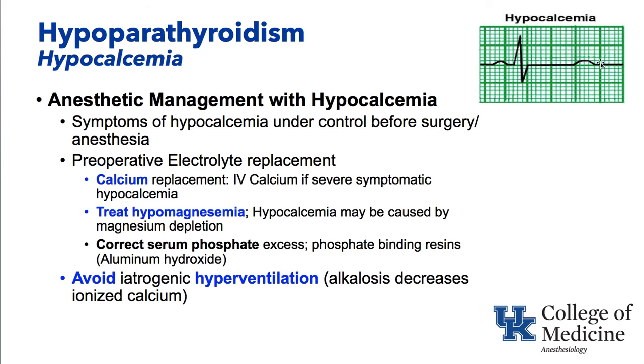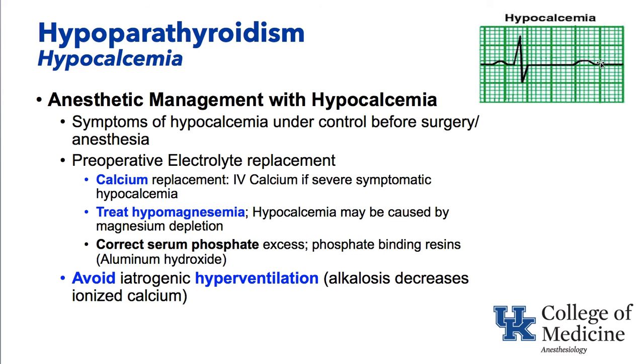So it may not be a parathyroid problem, for example. It may be magnesium depletion. Correct serum phosphate excesses if they're present, for example, with aluminum hydroxide phosphate binding resins. So anytime we're talking about calcium and magnesium and phosphate issues, remember that each of them impacts the other, and we should be measuring each of those in those situations.